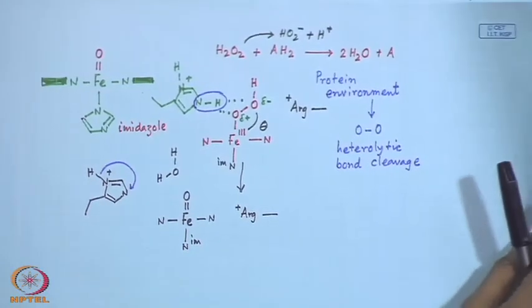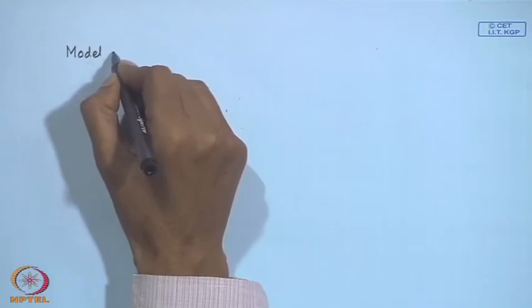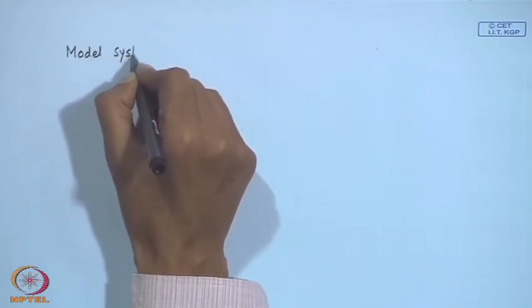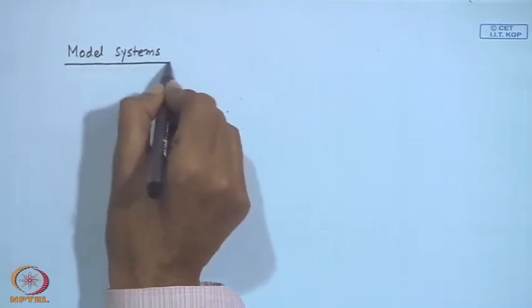So, whether we can utilize these simple pieces of information related to our catalase and peroxidase system for oxidation using some model systems. It is very important to design and make all these things.